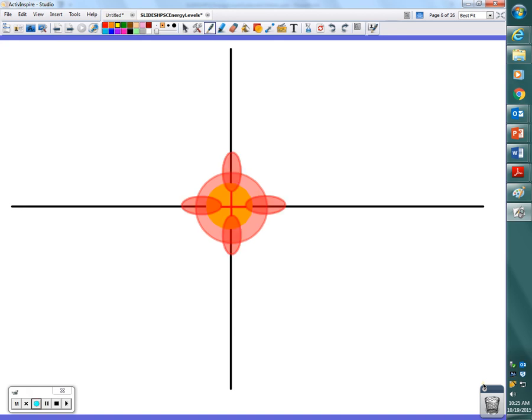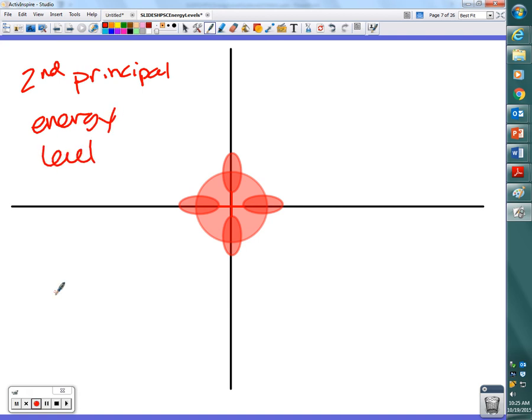So we added these shapes. These 3 orbitals plus the 4th one, right, that we can't see. There's this 4th one that goes this way, yes? Right? All of them together are the second principal energy level.